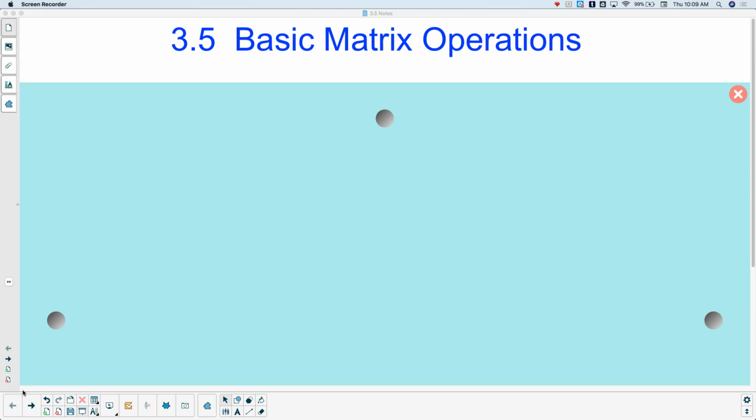However, we do have to do some matrix operations. So today we're going to do the 3 basic matrix operations. Tomorrow and part of Monday, we will be doing matrix multiplication, which is more complicated. That's why we're going to expand that over a couple of days.